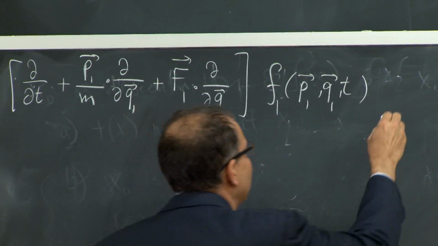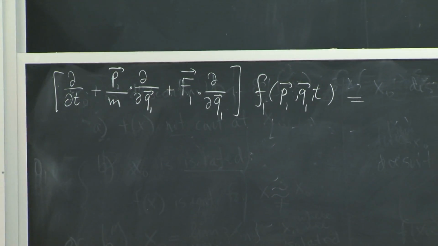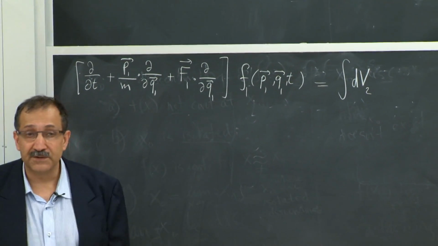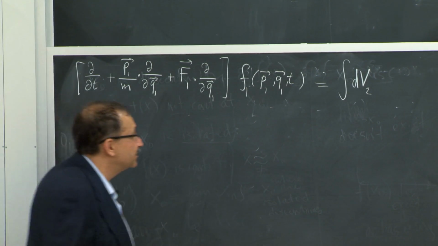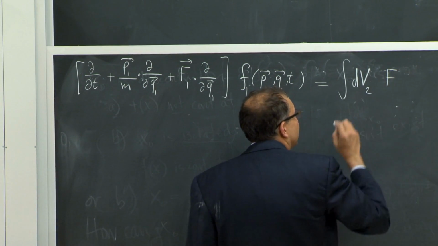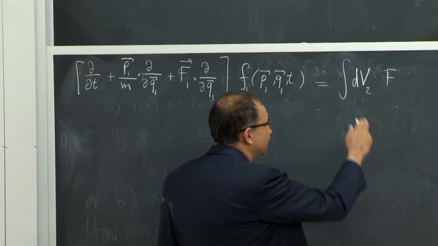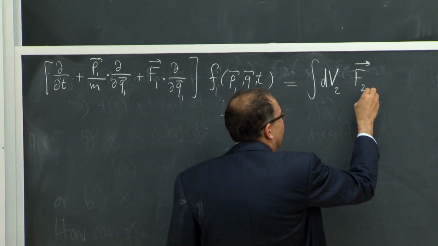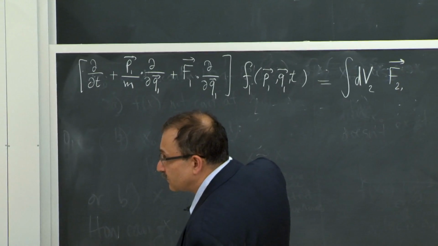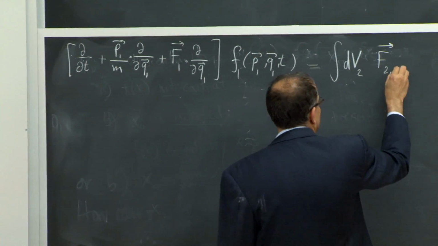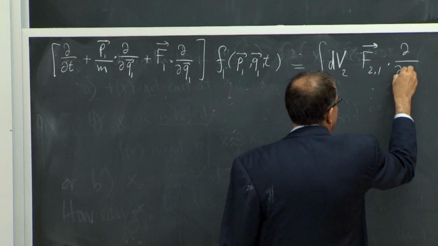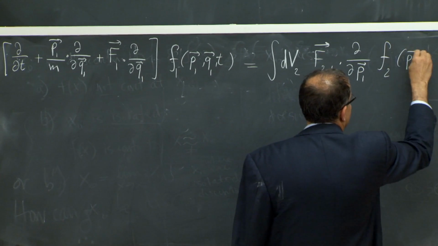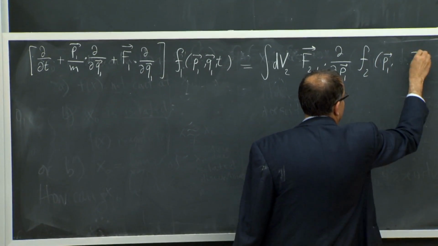And on the right-hand side of the equation, I need to worry about a second particle with momenta P2 at position Q2 that will therefore be able to exert a force. Once I know the position, I can calculate the force that that particle exerts. What was my notation? Order was 2 and 1, dotted by d P1, and I need now F2, P2, Q2 at time t.